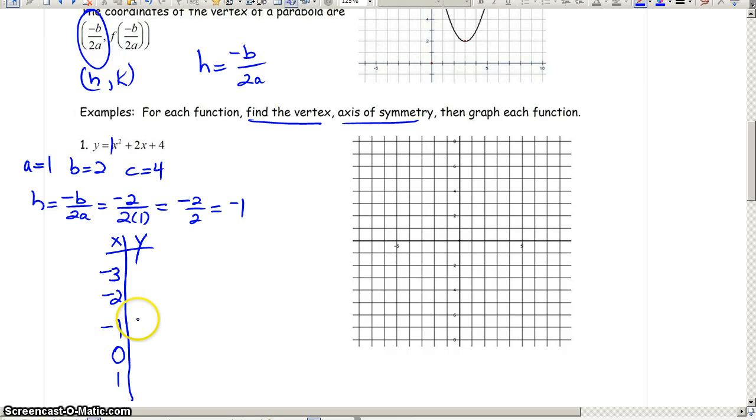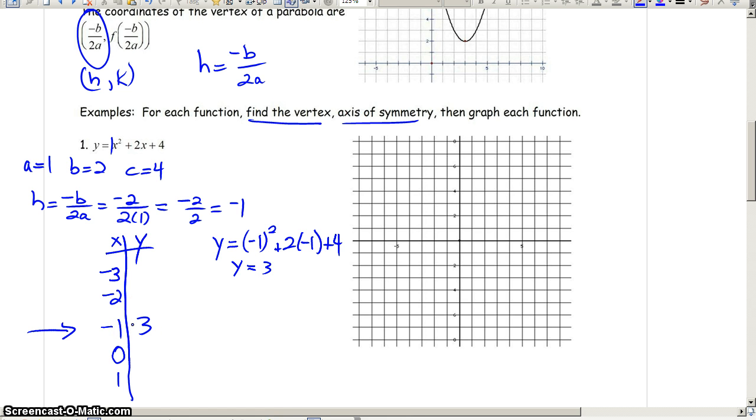But of course, we just have to do a little bit of work and find out what these y values are. This is where a calculator can definitely help you out. We started off with that negative 1. That's what began to build our table. So let's just plug negative 1 in for our x value. Of course, we could work this out by hand, but it might be a lot quicker to let your calculator work this out for you.